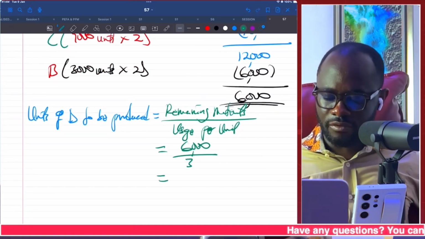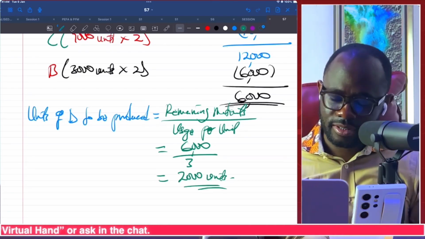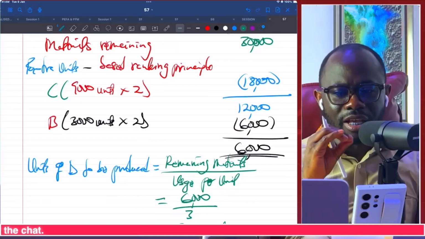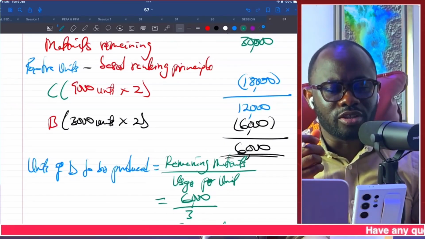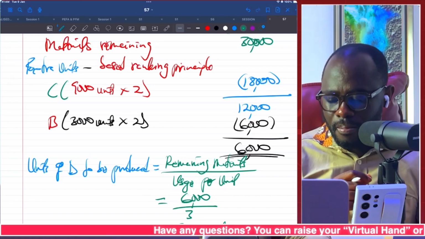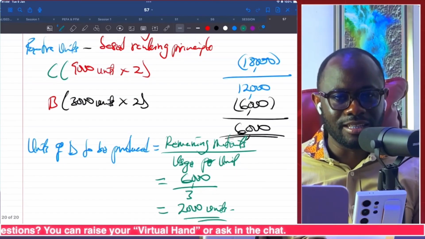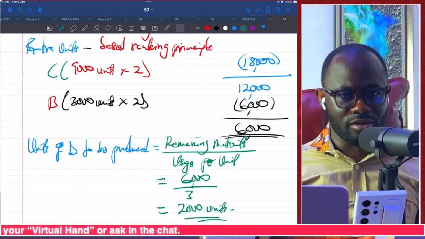And that is going to give us 2,000 units. So it means we will produce 9,000 extra units of C, 3,000 extra units of B, and 2,000 extra units of D for the limited resources.